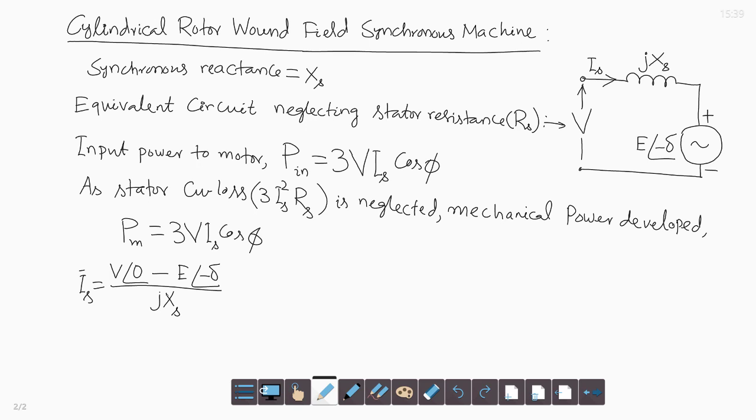So, the stator current is V by XS at an angle minus pi by 2, minus E by XS at an angle minus pi by 2 minus delta.